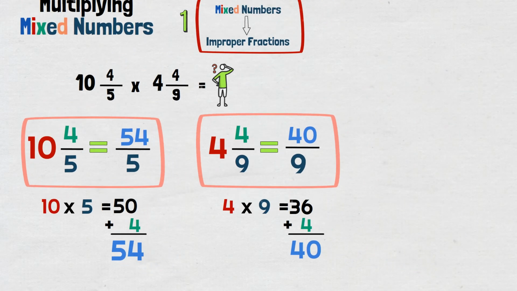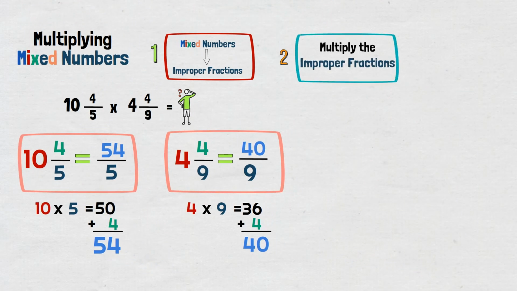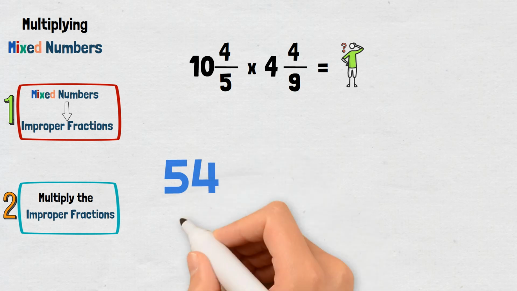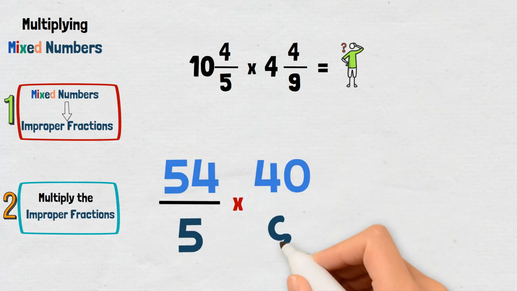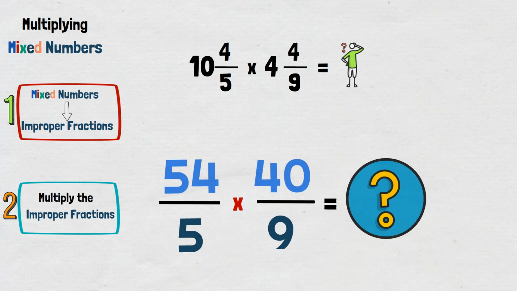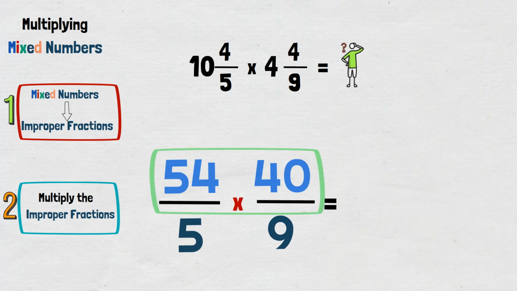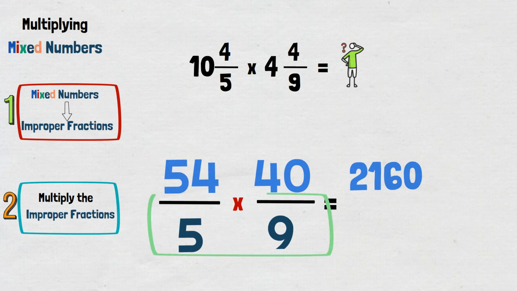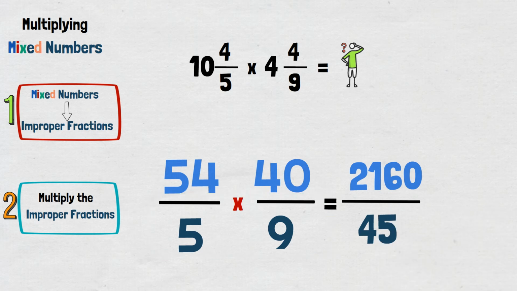So now, our multiplication problem looks like this. 54 over 5 multiplied by 40 over 9. 54 times 40 equals 2,160, and 5 times 9 equals 45. Our product is the improper fraction 2,160 over 45.